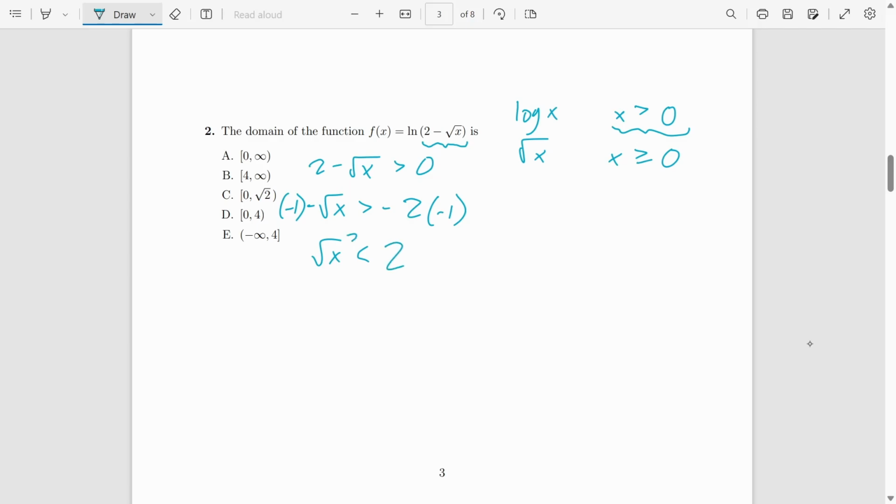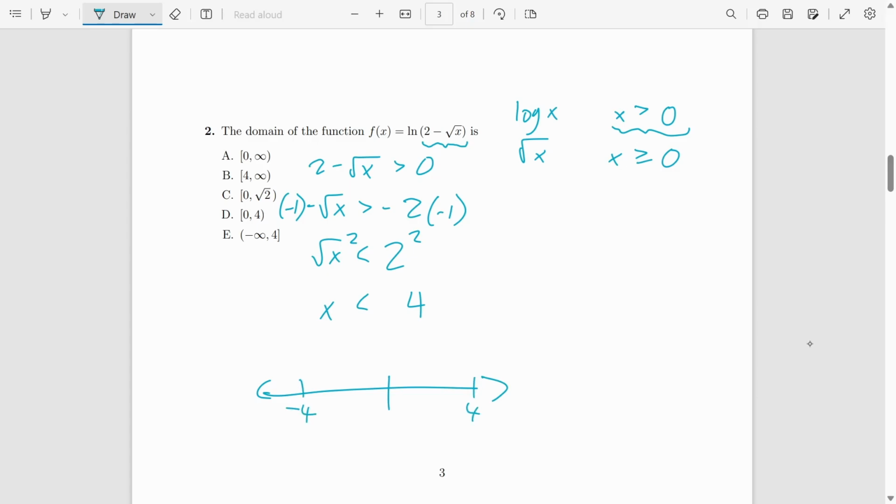And now we just square both sides. So x is less than plus and minus 4. And we're just going to consolidate this to just positive 4, not plus and minus 4, because when you think about it, let's have a number line. This is 4, this is negative 4.